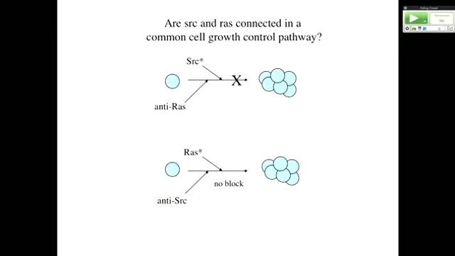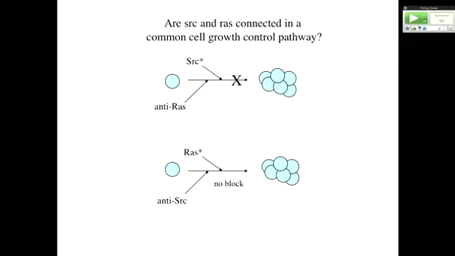So for example, in the example shown here, we introduce active SRC and at the same time inhibit RAS. In the early experiments, it was done by injecting an antibody against RAS into cells to knock out its function. Another way of doing it would be the dominant inhibitory form of RAS. Okay. So we activate SRC, we block RAS, and ask whether mitogenesis caused by SRC is blocked by blocking RAS.